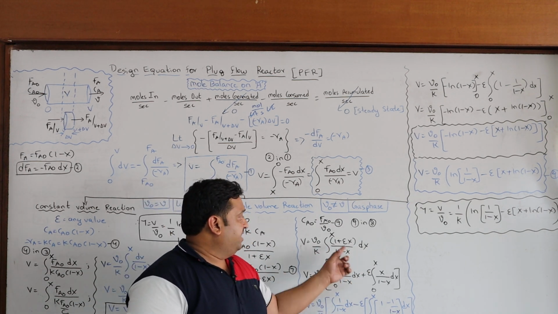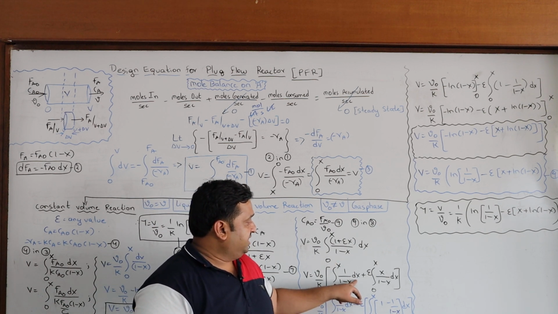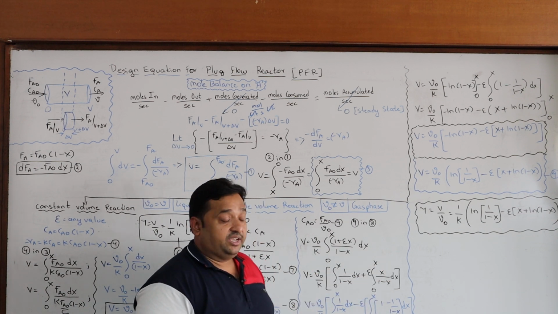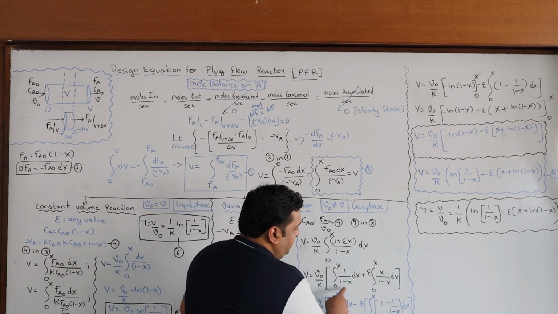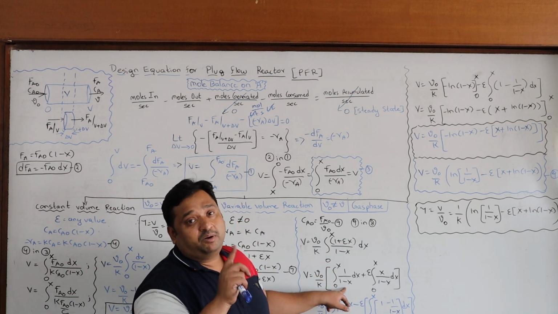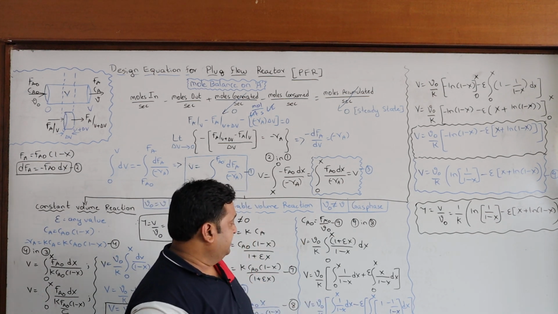Simple, I have divided this into two terms: integral 0 to x 1 by (1 minus x) dx plus epsilon into integral 0 to x x by (1 minus x) dx. The integral of 1 by (1 minus x) is nothing but minus ln(1 minus x). Let us keep that aside.